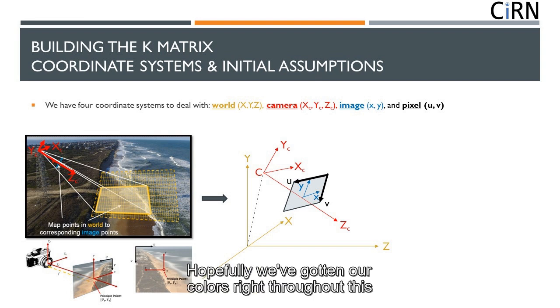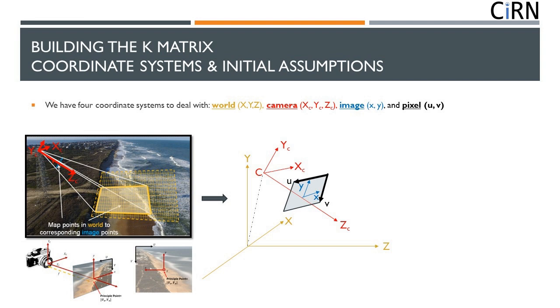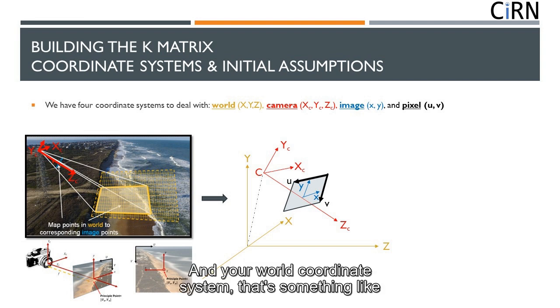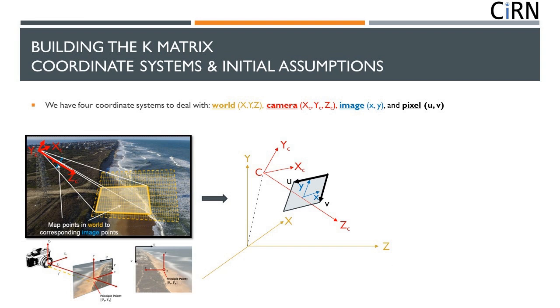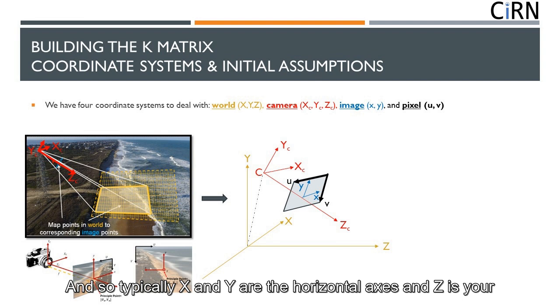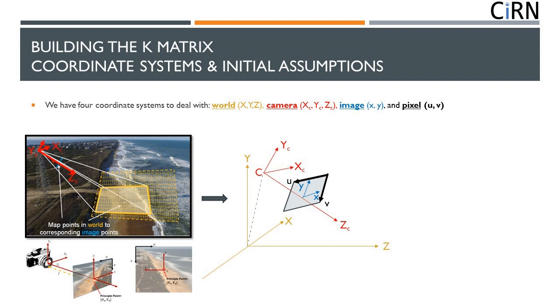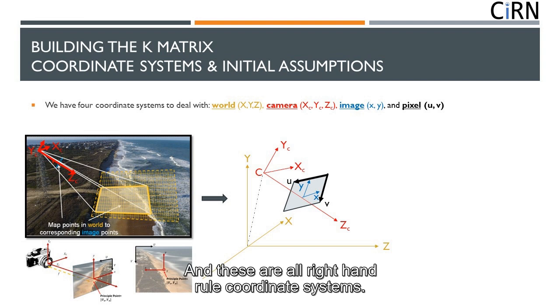Hopefully we've gotten our colors right throughout this whole presentation. And your world coordinate system, that's something like UTM or state plane or your local coordinates. And so typically X and Y are the horizontal axes and Z is your elevation axes. And these are all right-hand rule coordinate systems.